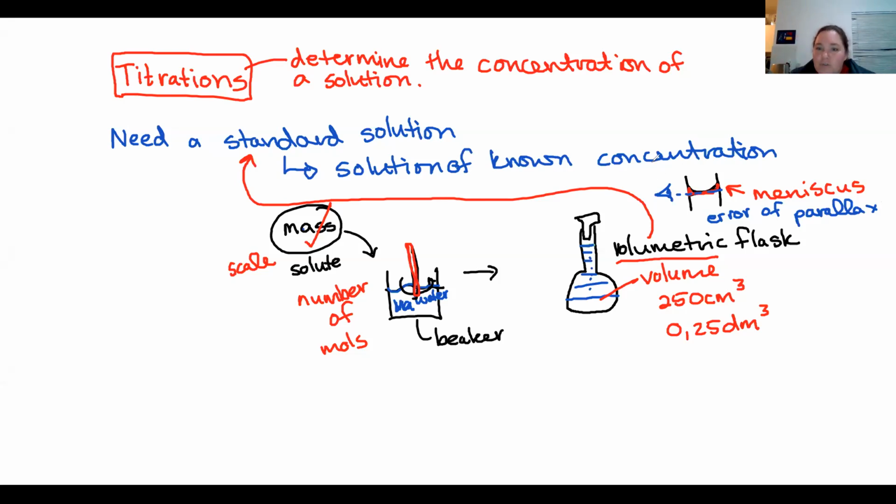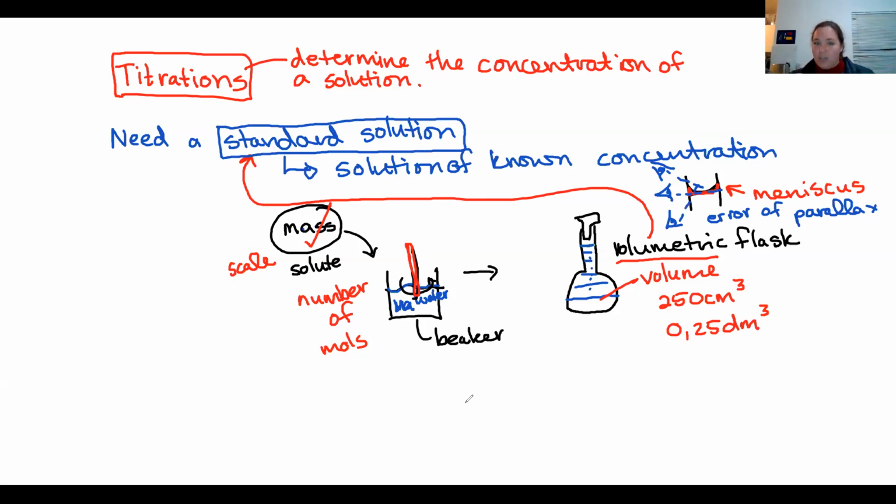So if you looked at this from above or below, this applies to all the readings that you do in titrations, you would see a reading that's too high or too low because you're not looking directly on. All right, so the first thing that you need for a titration is a standard solution. In an exam, they may make you make up the standard solution, or they may just present you with a lovely, here's a standard solution, here's its concentration.